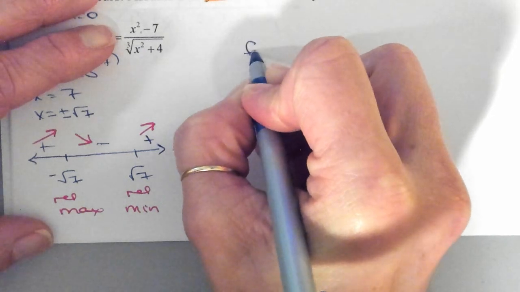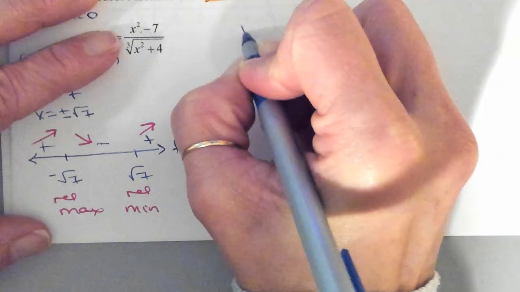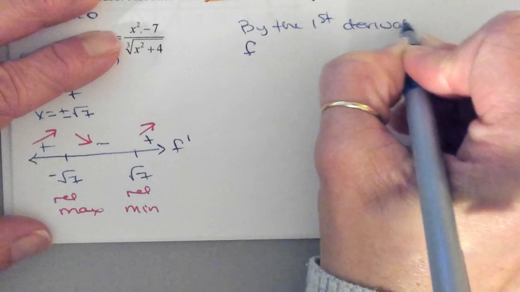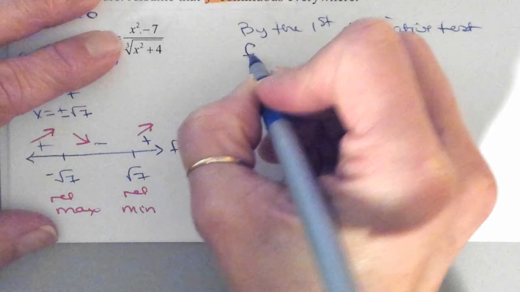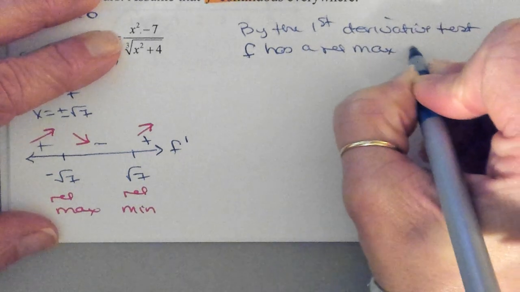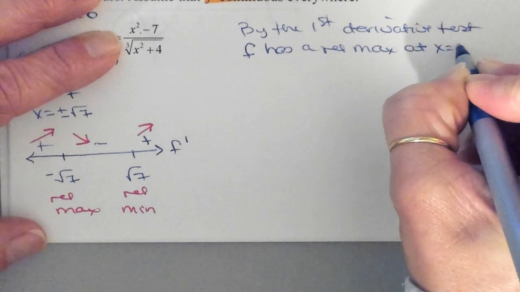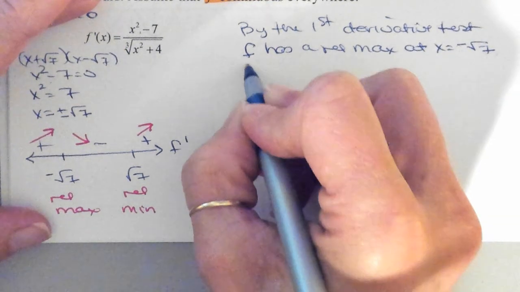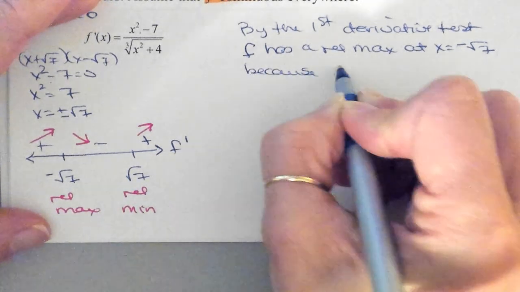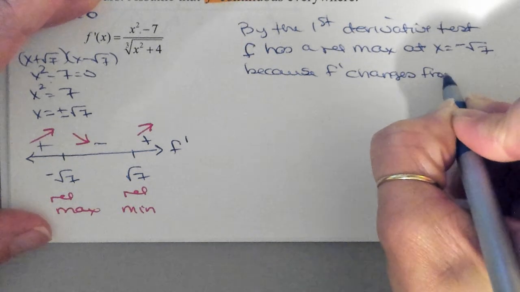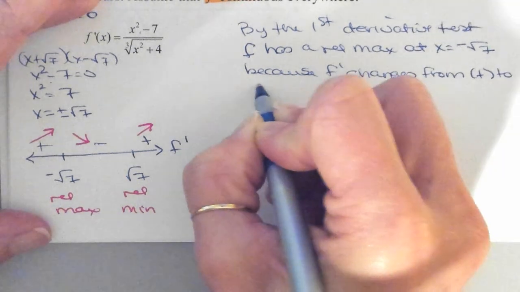Or I could say by the first derivative test, F has a relative max at x equals negative square root of 7. Is that right? Because F prime changes from positive to negative.